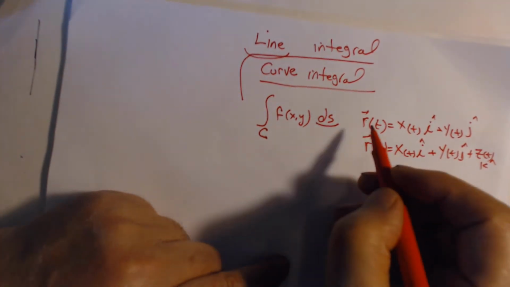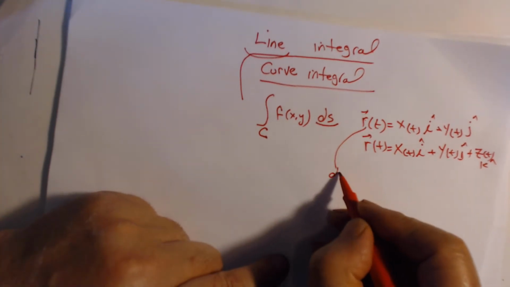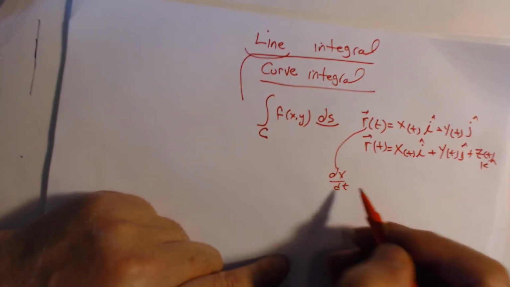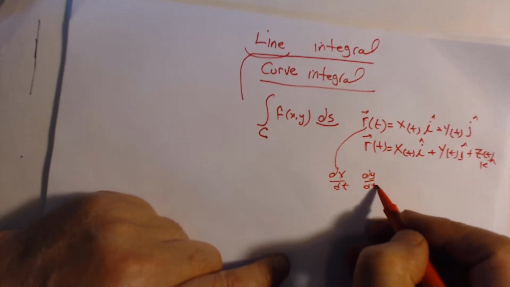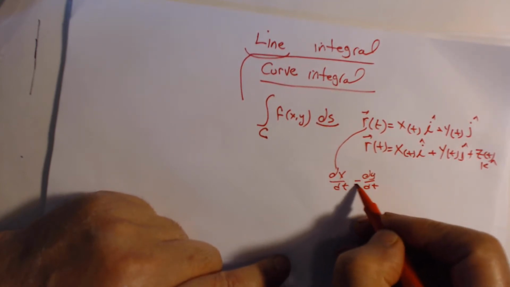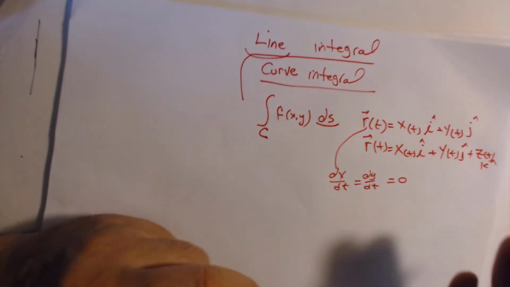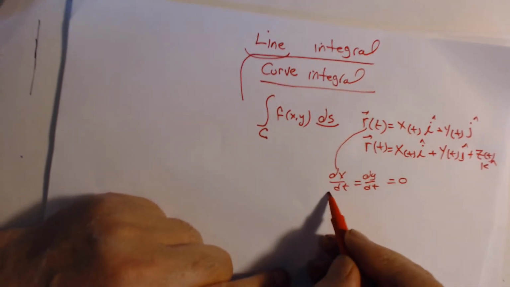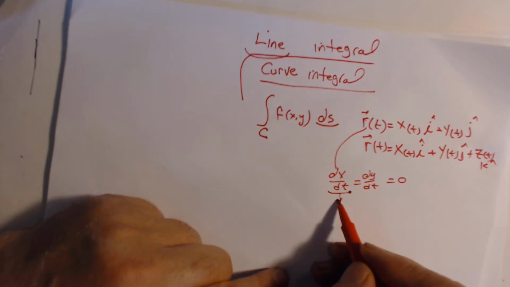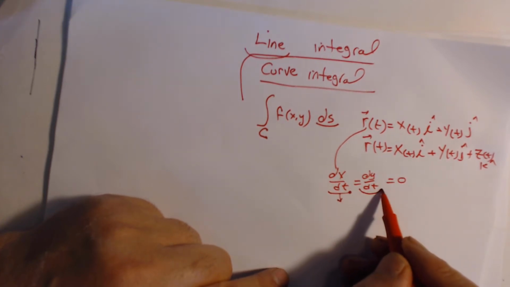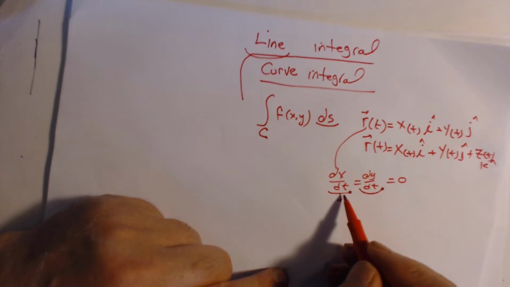A smooth path means your dx/dt and your dy/dt cannot become equal to 0 simultaneously. Yes, dx/dt can be equal to 0 at a specific time, but not at the same time as dy/dt. It has to be at a different time.